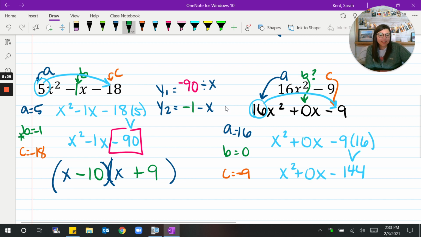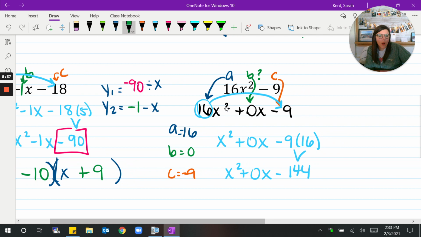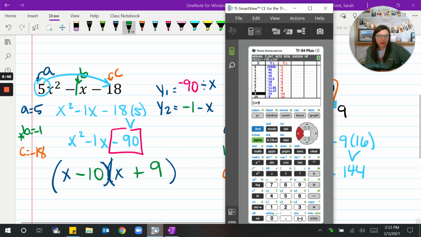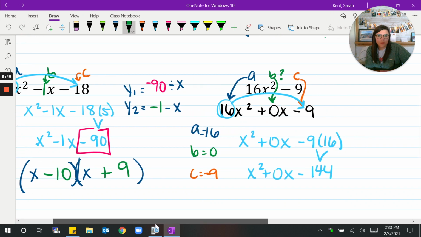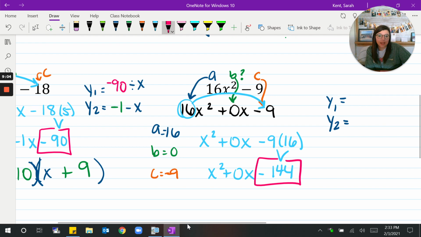All right, last example. Again, I'm going to pull this over so I can write a little note on the side. All right, y1 and y2. So y1, we want the new last number. So our new last number is negative 144.